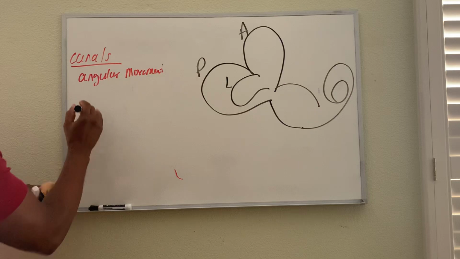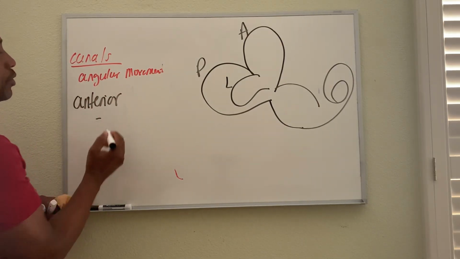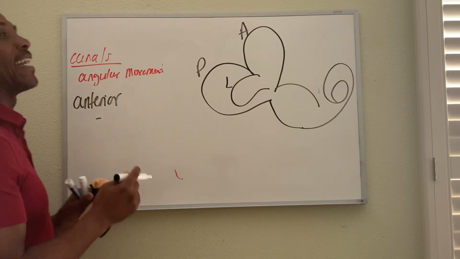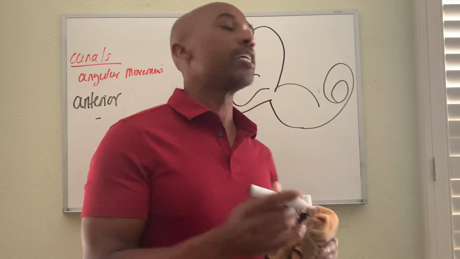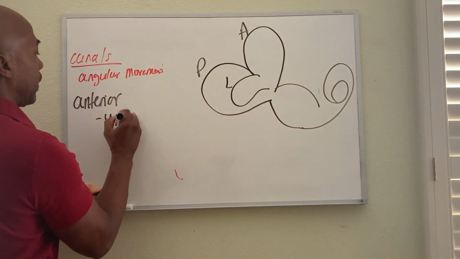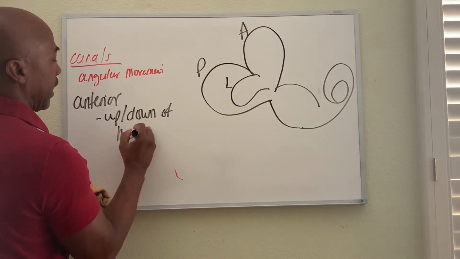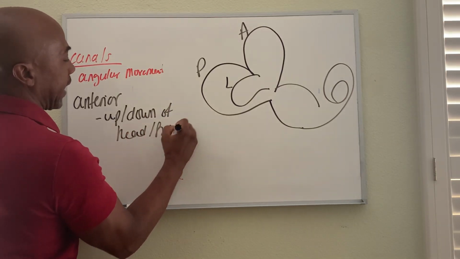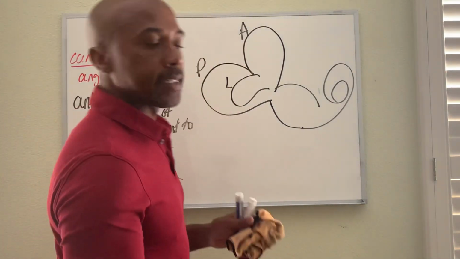Okay, so first, the anterior canal helps to detect movements of the head like this, like doing a flip. Up and down movements of the head, front to back, as in doing a flip.